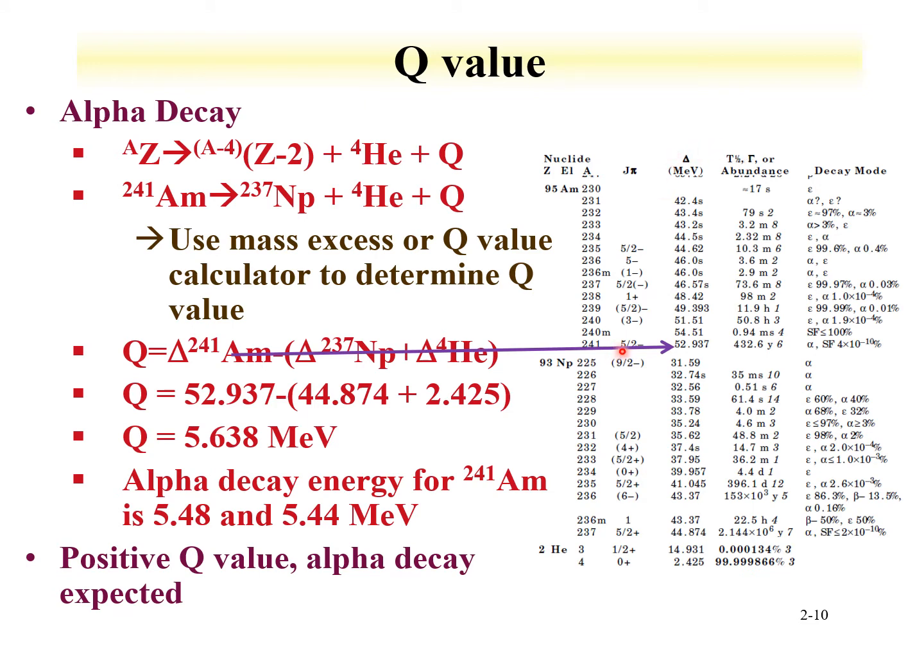The mass excess of neptunium-237 is listed here. And the mass excess for the helium nucleus is listed here. I pulled this out of a compendium of information and data in the back of the textbook, Nuclear and Radiochemistry. So we get this Q value.